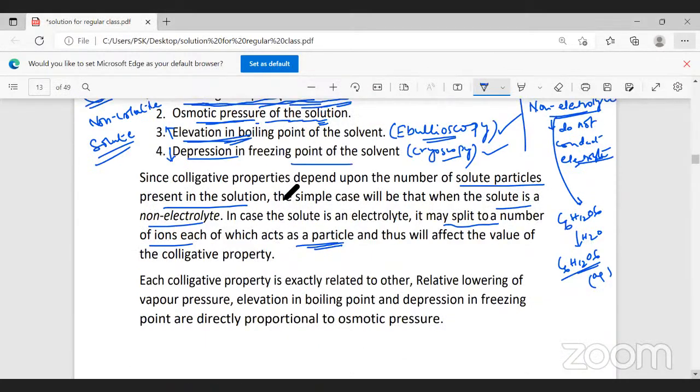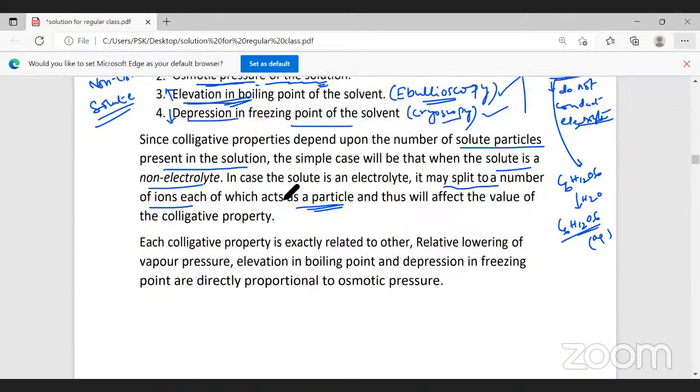That's why we are talking with respect to non-electrolyte. Now, each colligative property is related to the others.